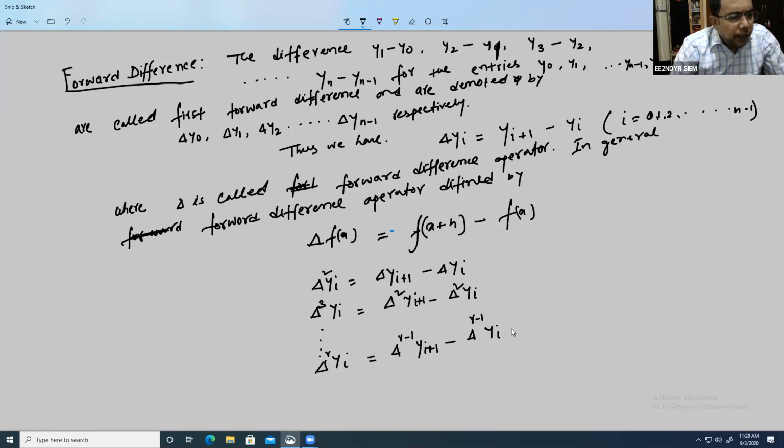Suppose I have to construct the nth order forward difference.